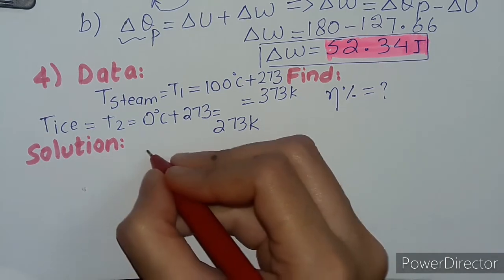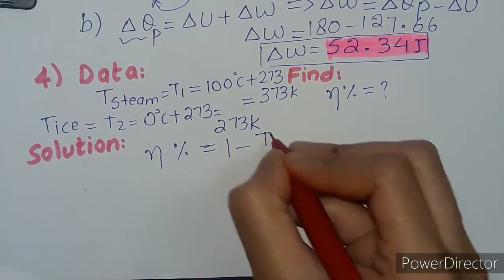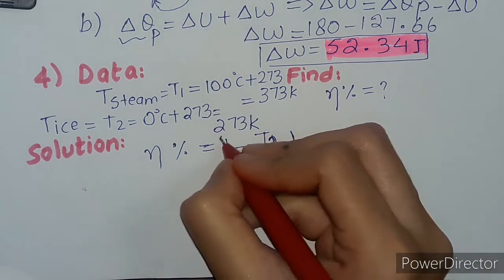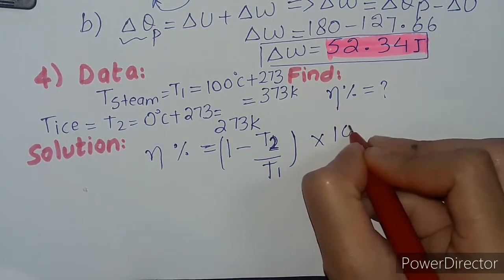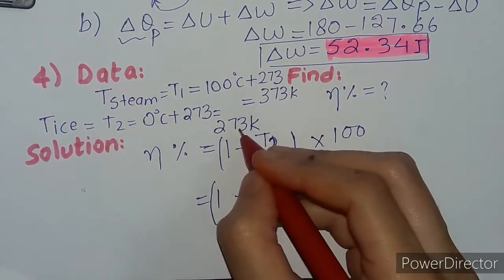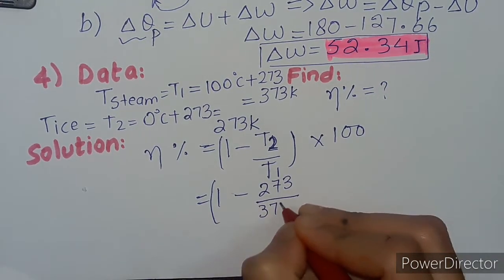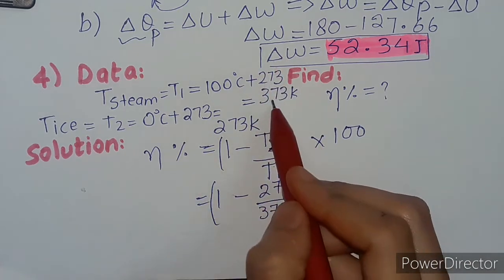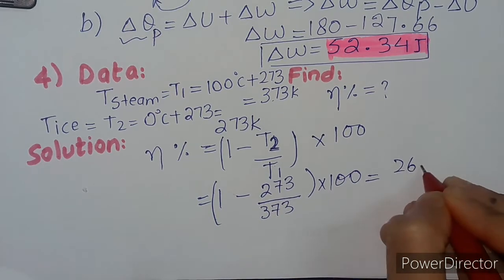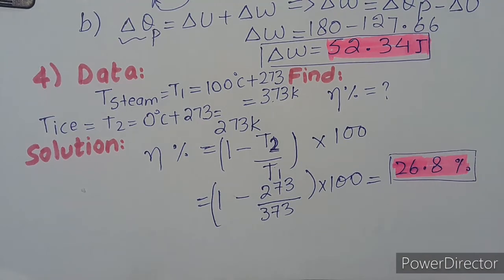Now using the formula, efficiency percentage is equal to 1 minus T2 divided by T1, whole multiplied by 100, as it is a percentage. So 1 minus 273 Kelvin divided by 373 Kelvin, because T1 is 373 Kelvin, multiplied by 100. Answer: 26.8%.